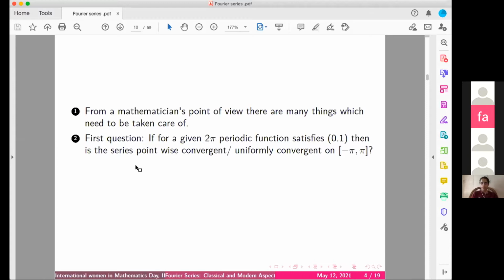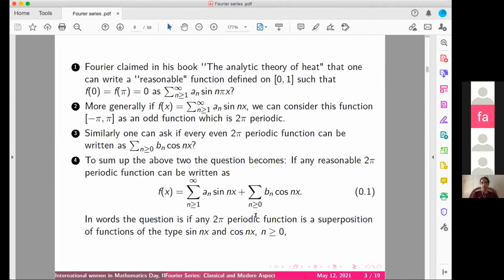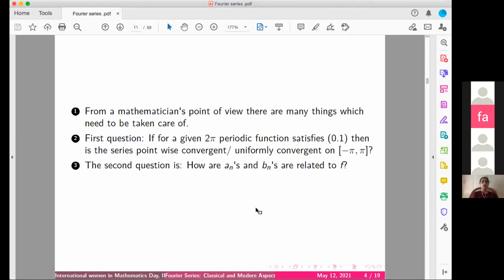Is it converging pointwise or is it converging uniformly? And then how are these a_n and b_n related to f? They should be determined from f also. Somehow they should be related to the function which you are considering.